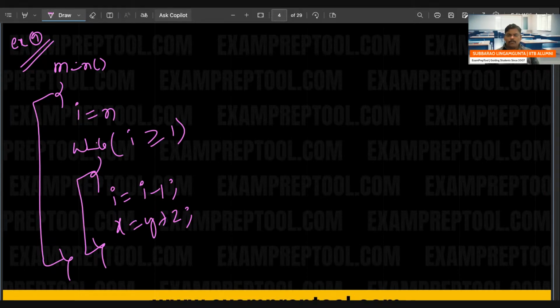Can you do this problem? Try one time, I will give the answer. Everyone try.